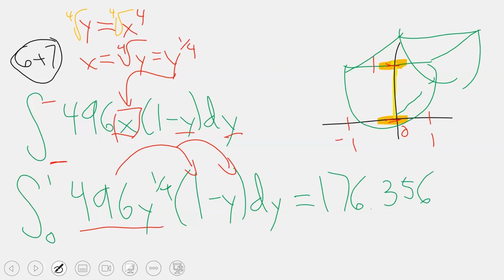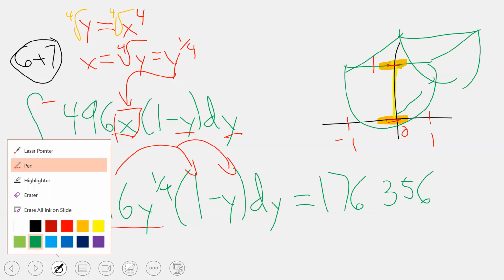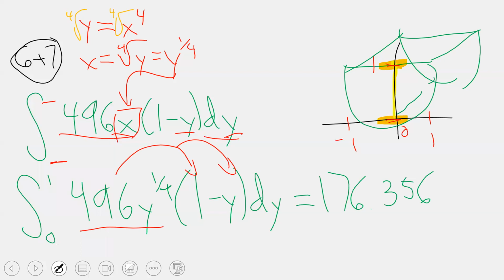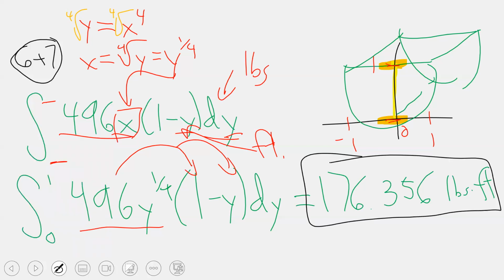And our units there, if you remember back, the 496x dy, that was the force in pounds. The 1 minus y, that's the distance in feet. We multiplied those two. So our units end up being pounds times foot units, which may seem strange, but you can talk to your physics professors. It's a real thing. I didn't make it up.